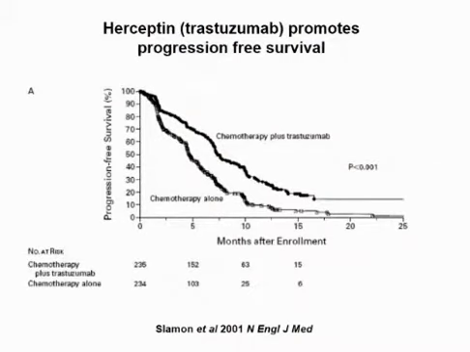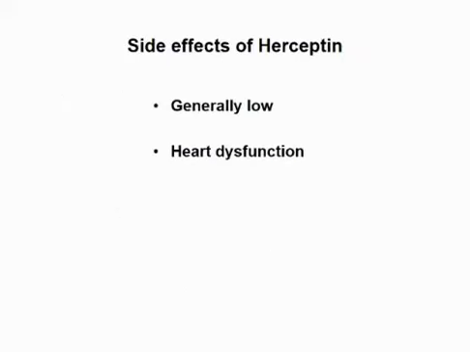So what it does then, it promotes survival, and this may not look very impressive because still most people eventually die, unfortunately, but at least having the combination of the antibody with the chemotherapy extends survival. And I guess some people are getting pretty much a complete cure from this. So side effects are generally low. There is some heart dysfunction that has been reported.